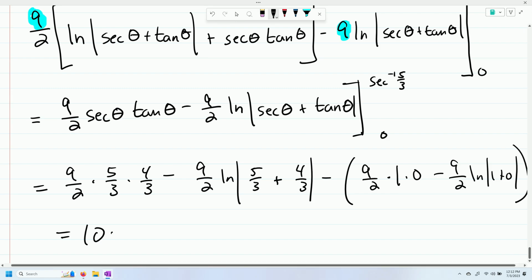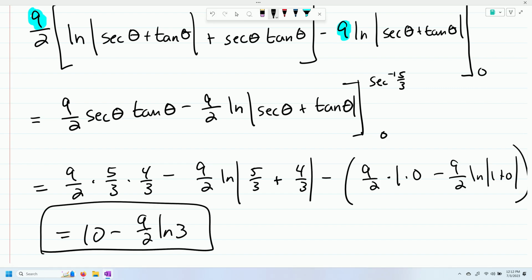When everything is all said and done, you end up with 10 minus 9 over 2 times the natural log of 3.